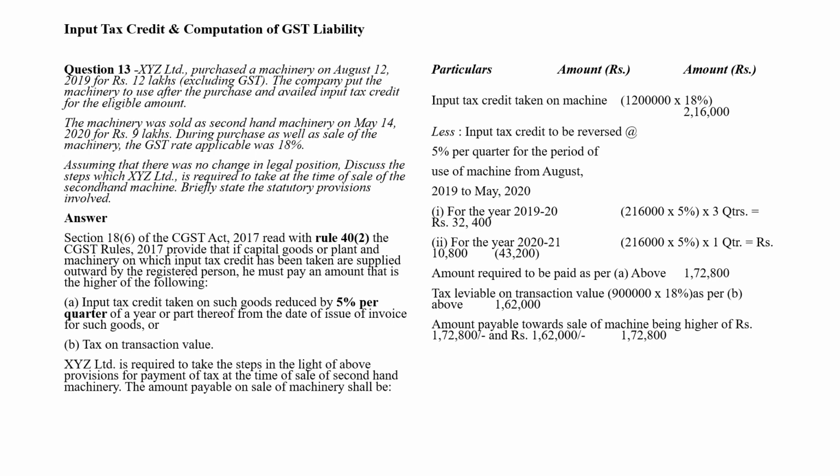So amount payable towards the sale of machinery, being higher of rupees 1,72,800 or 1,62,000, the higher is 1,72,800 will be payable. And interesting. Yes, my dear.